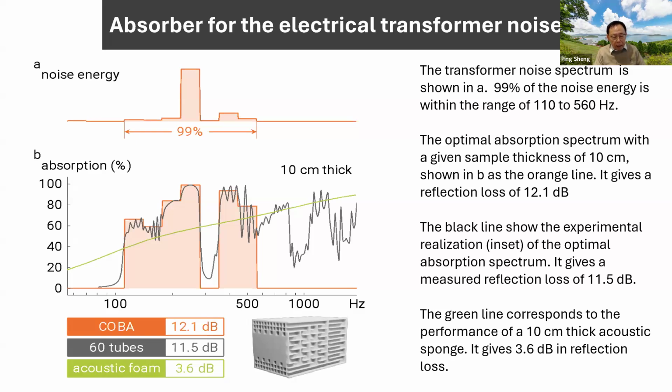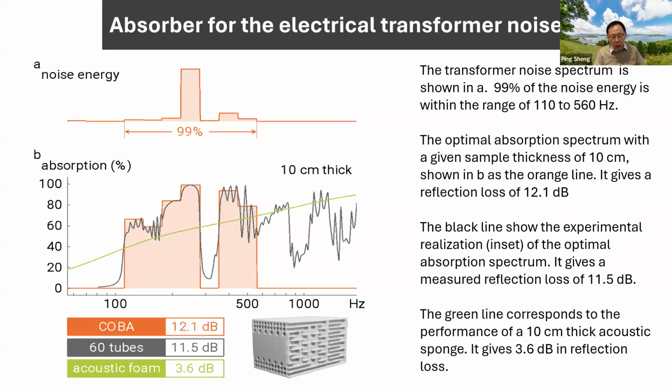And the green line is the acoustic foam, the traditional absorber, also 10 centimeters thick. And you can see it is monotonic. And below, you can see the effectiveness. COBA means the idealized case.